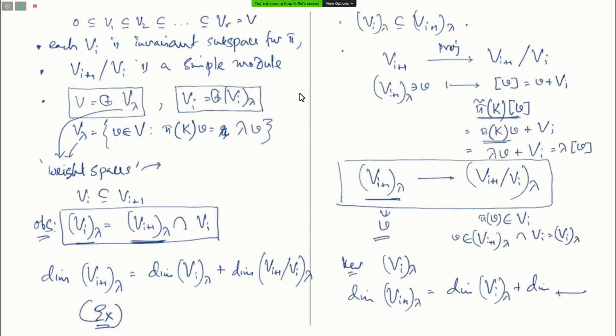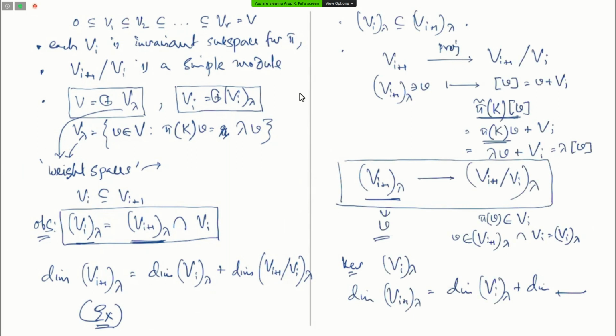What is the representation on Vi plus 1 quotiented by Vi? What type of representation is it? It's an irreducible representation. So when you have an irreducible representation, of pi m plus or pi m minus type, the weight spaces are one dimensional, or 0 dimensional.